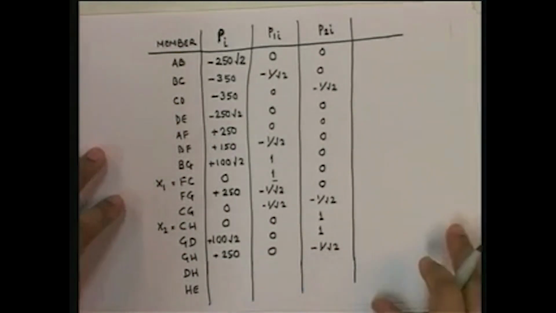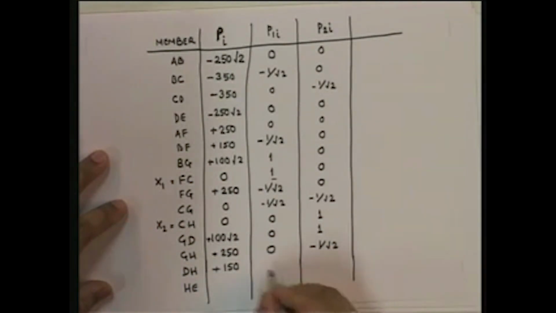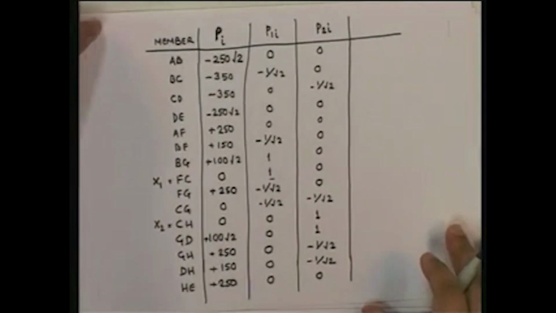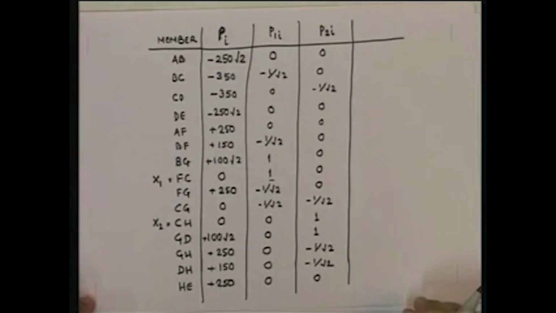And finally, I have DH. DH is plus 150. Here DH is 0. Here it is minus 1 over root 2. And finally HE plus 250, 0, 0. So these are all the members that I have.